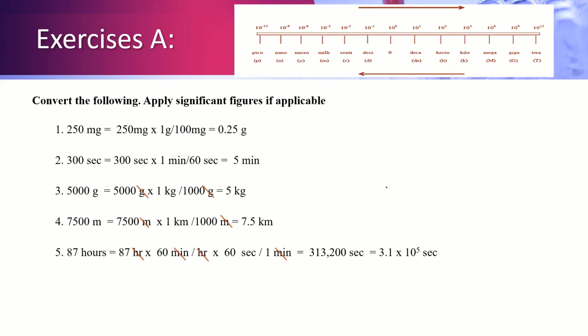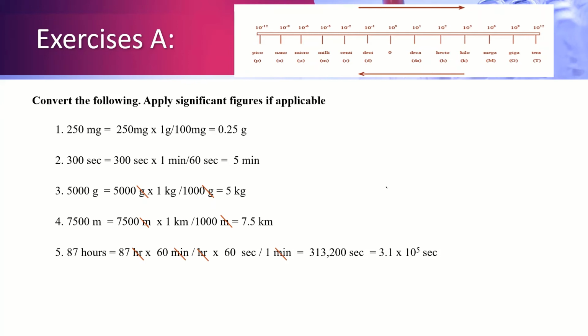First, you multiply 87 hours times 60 minutes over 1 hour times 60 seconds per minute. You cancel hours, you cancel minutes. You're left only with seconds in the numerator.